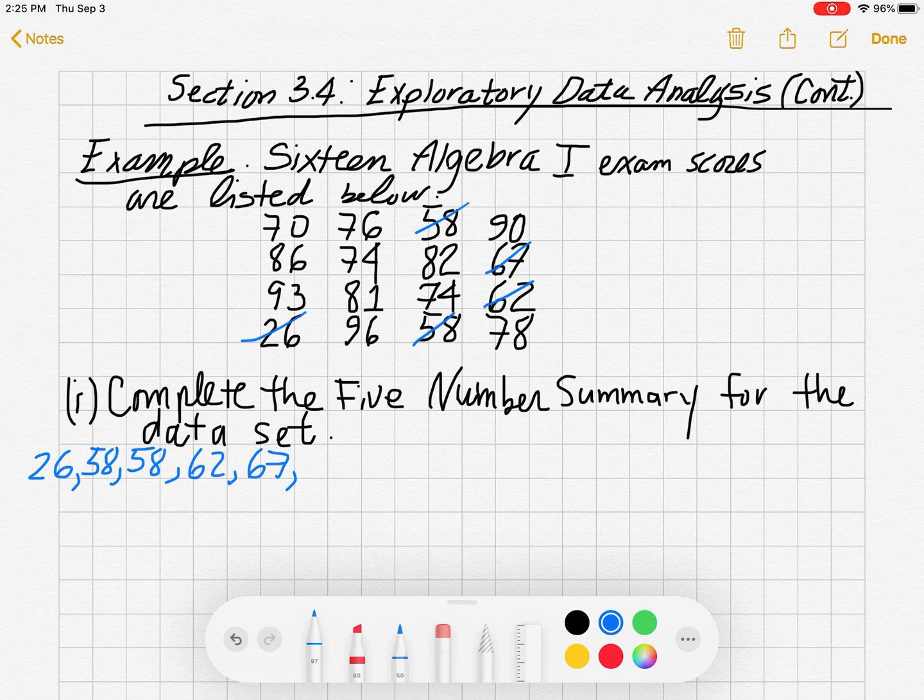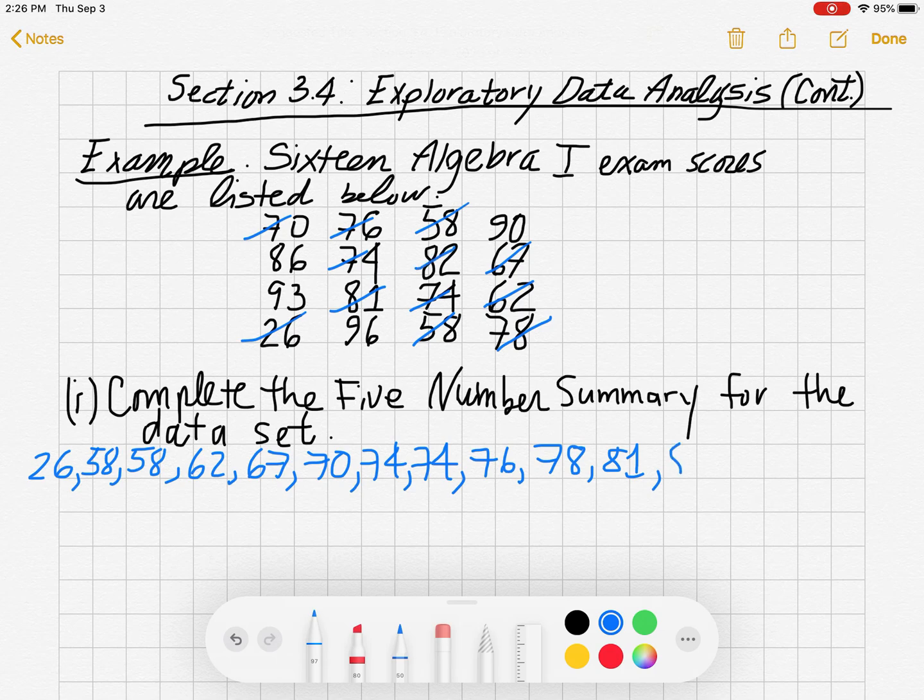I'm an old dude, so I'm not very quick at this. So after 67, I think is maybe 70, 74. What about after 74? Looks like we got 76, 78, 81.